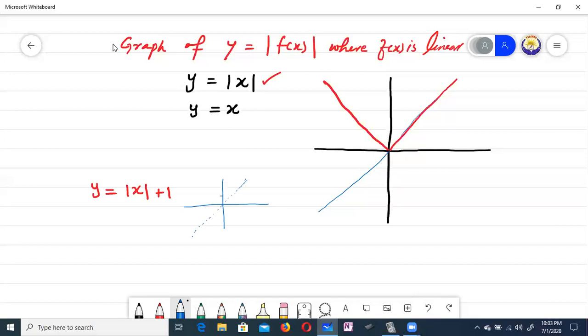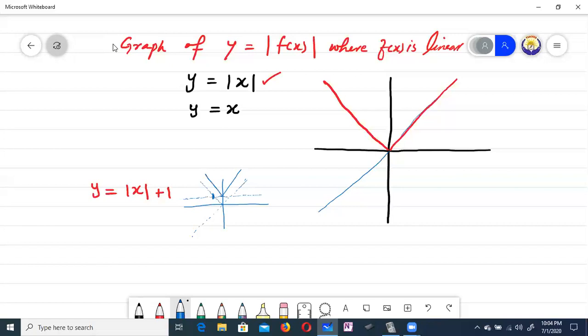Then what we will do? We will take this on the y-axis, at y is equal to 1. Then we'll consider this one, y is equal to 1, the new x-axis, translated x-axis. Then as y is equal to modulus of x is like this, then y is equal to modulus of x plus 1 will be like this.